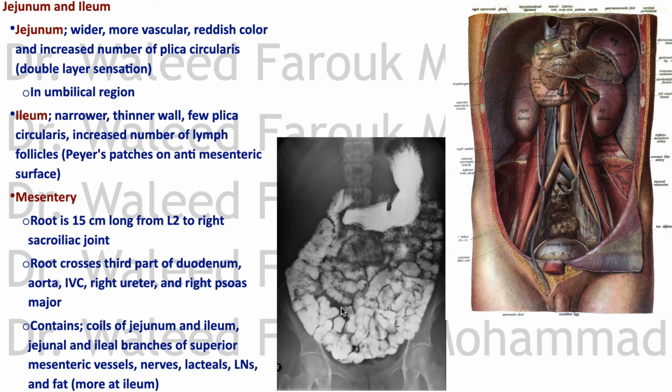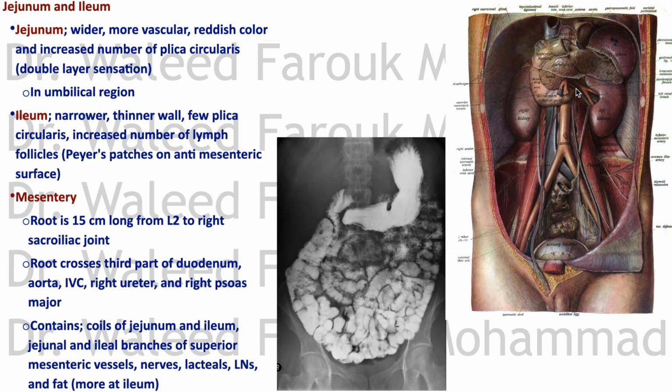The mesentery itself is a double layer, of course, coming from the posterior parietal layer of the posterior abdominal wall, as the intestine invaginated the posterior layer and descended, protruding forwards to take a mesentery behind it. The root of the mesentery is oblique.